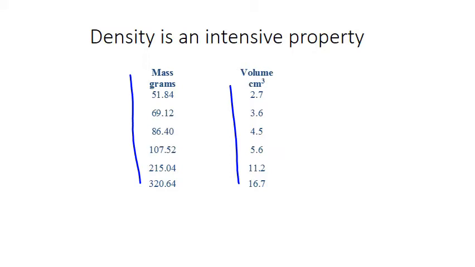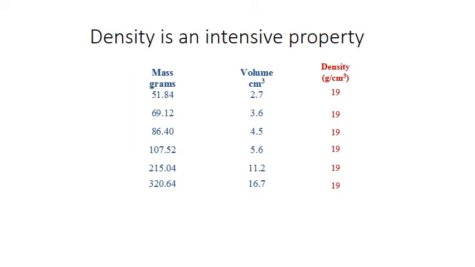Now, when I calculate the density for each of these samples, simply by dividing the mass by the volume, I always get the same result, 19 grams per centimeter cubed. This holds true for every sample of gold I could measure, as long as it is a sample of pure gold. Intensive properties like density can be used to help identify what a substance is.